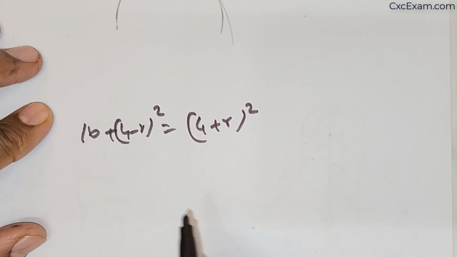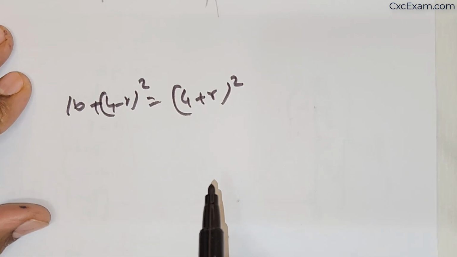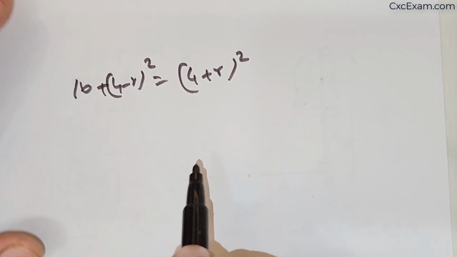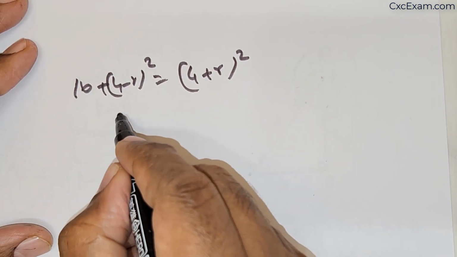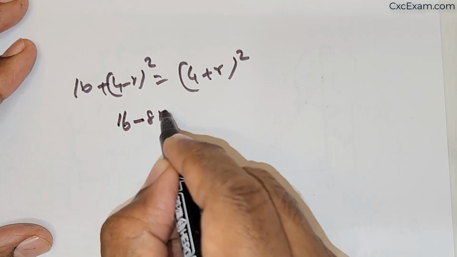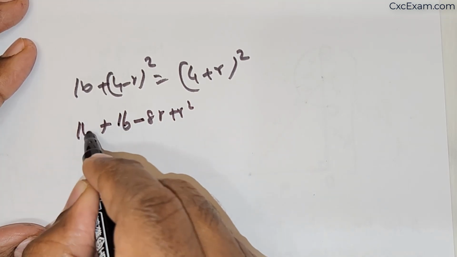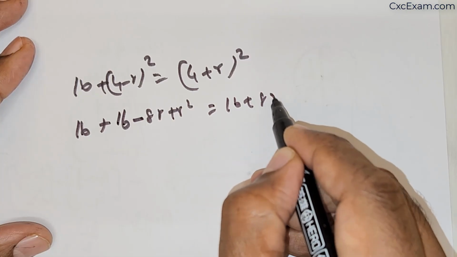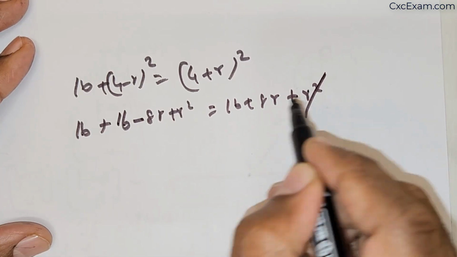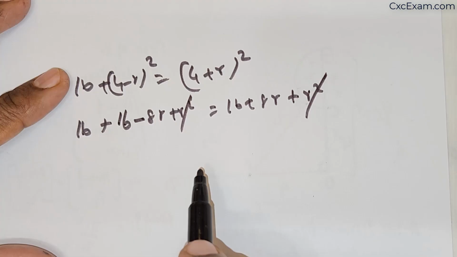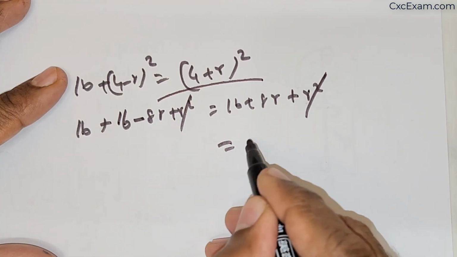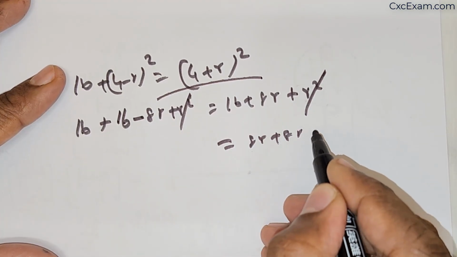So we will have to find the value of r. So this is 16 minus 8r plus r squared. There's already a 16 there. 16 plus 8r plus r squared. R squared gets cancelled. Now you move this 8r to that side, 8r plus 8r.